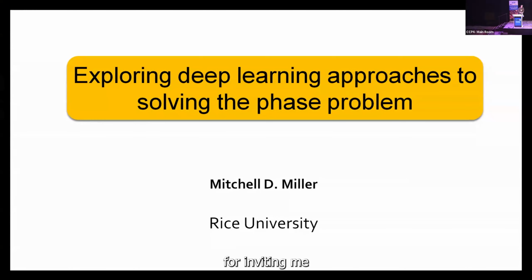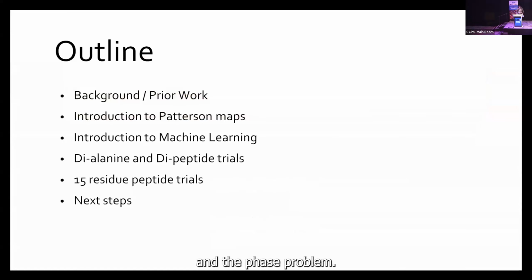Thank you to the organizers for inviting me to tell you about our progress in exploring what we can do with machine learning and the phase problem. I want to give a brief background and some prior work that inspired us to try machine learning phasing, a brief review of Patterson maps and some of their properties, and a super brief introduction to some machine learning concepts.